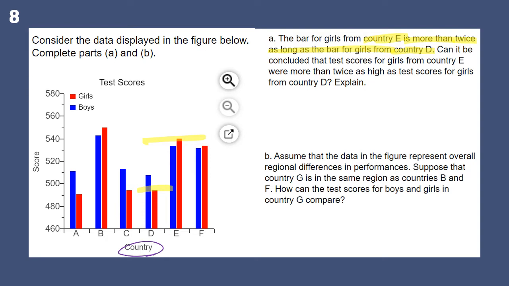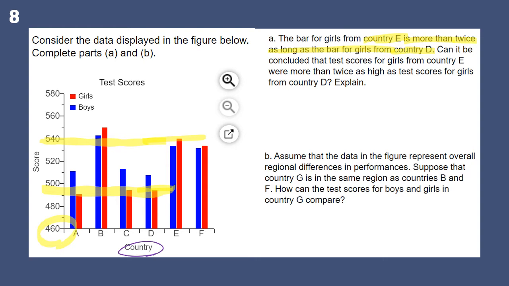Well, let's take a look at what the scores represent. If we would continue this bar and look over here, is 540 twice as high as, I don't know, 490? No, it's not. So why is it not true that E scores twice as high as D? Why does it look like it is when it's not true?